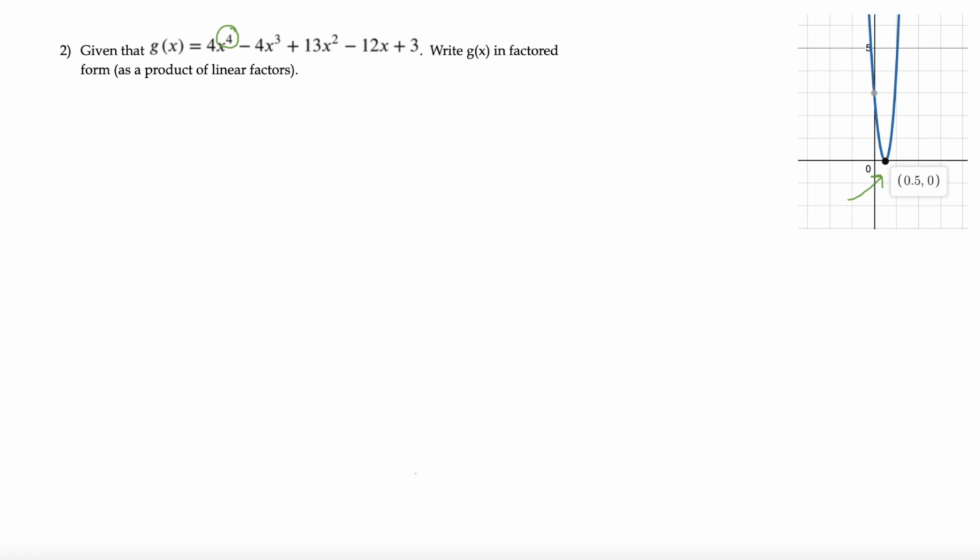And we also know that our solutions could be a combination of real and non-real solutions. Thus far, we know that x is equal to 1/2 with multiplicity of at least 2.